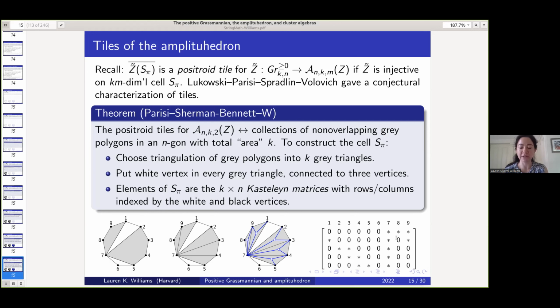And all cells appear this way. So in this case, we can understand very well precisely which cells map injectively to the amplituhedron under this map.